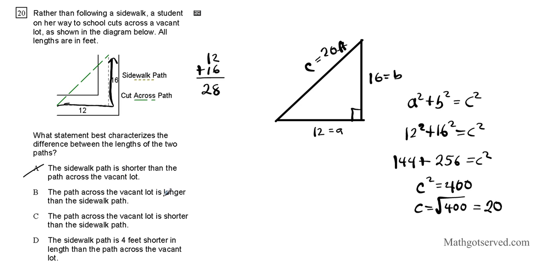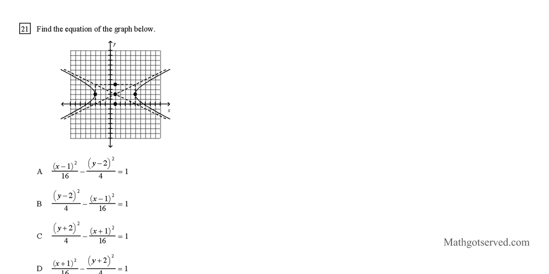The path across the vacant lot is longer than the sidewalk path. That's a lie because across the vacant lot is 20. Is shorter. So that's wrong. The path across the vacant lot is shorter than the sidewalk path. So the answer to number 20 is C, because the shortcut, obviously shorter, is 20 feet and this way is 28. All right.